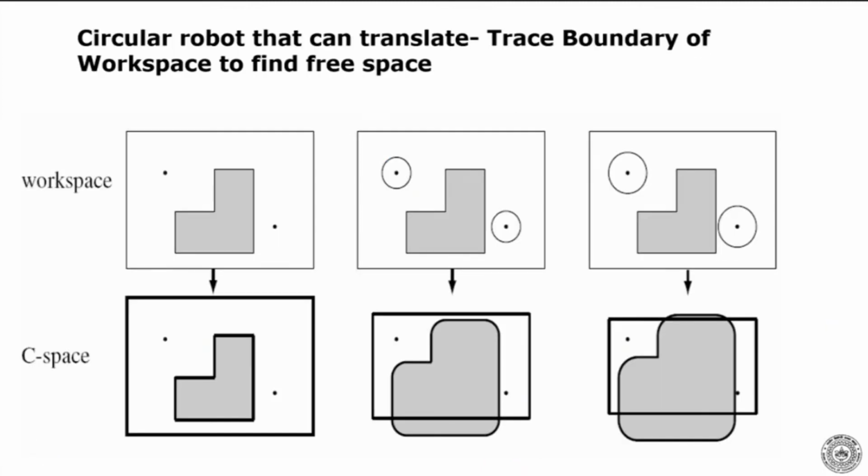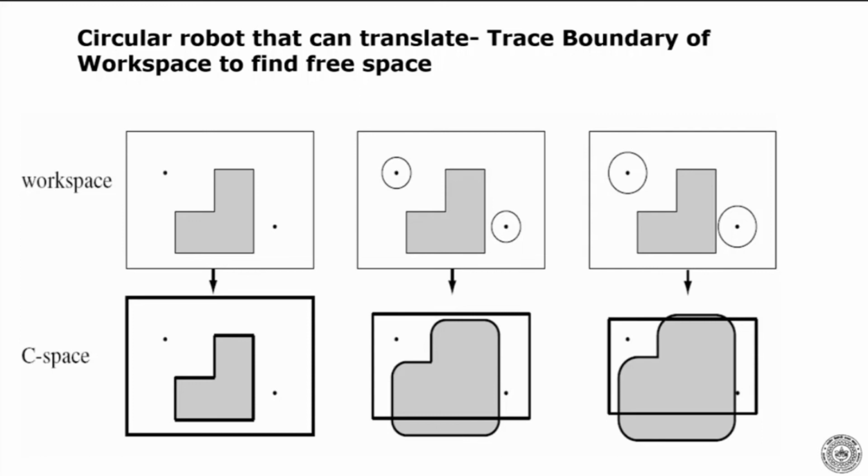Now, this will also give a clearer idea of what the use of this is. The use of this is that we can very easily find a path from one point to another point. Why? Because it's a point which is moving in space, and as long as the point is not inside the C space of the obstacle, then the path is fine, right?